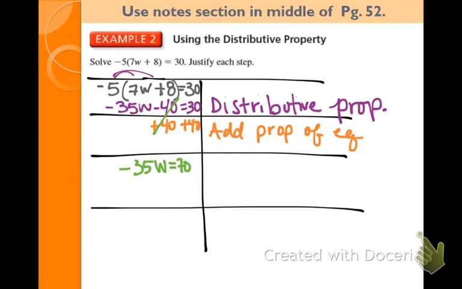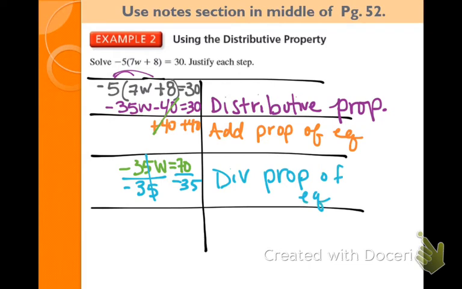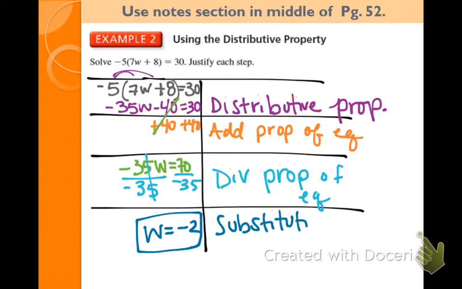All right, so what's my next step? Divide by negative 35, which is the division property of equality. And then 70 divided by negative 35, negative 2. So remember, you box your final answer, and then this is which property? Substitution property of equality.